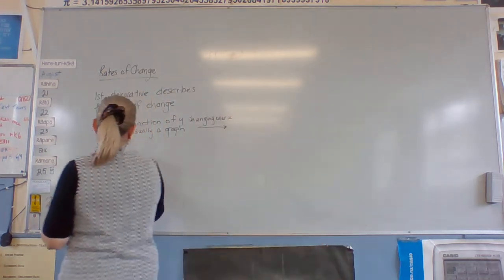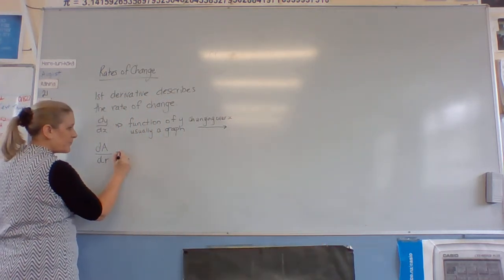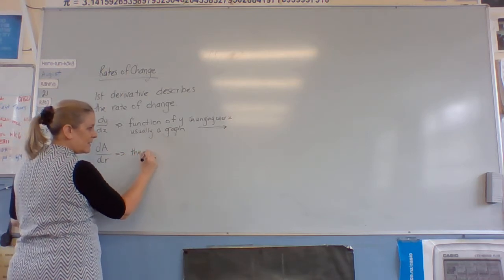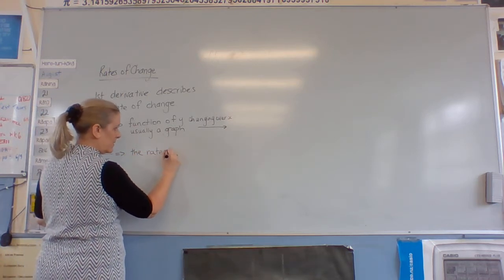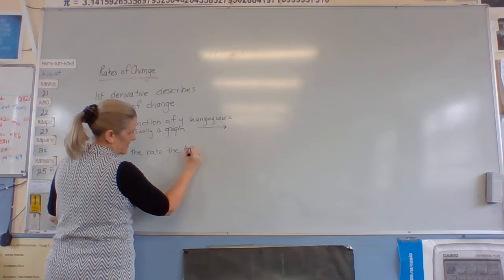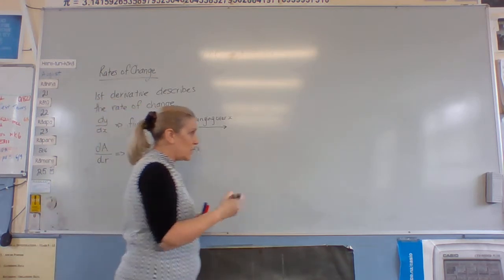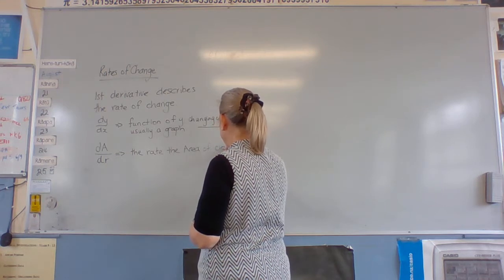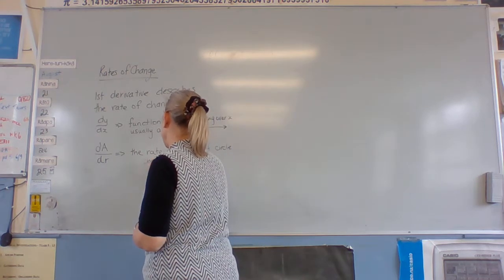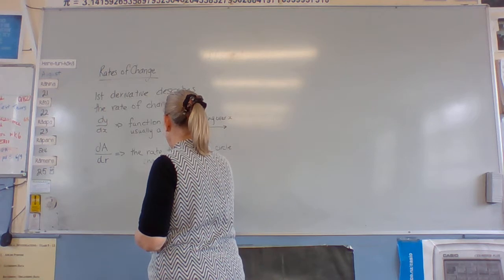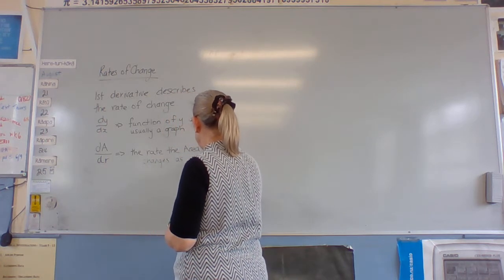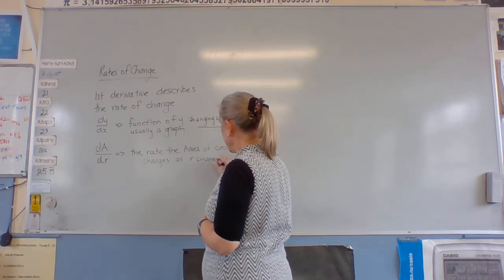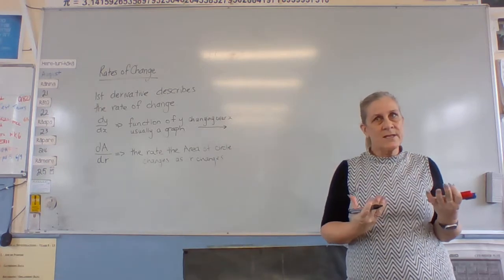So therefore, we would have it as the rate, the area. In this particular circumstance, it's a circle because there's an R in it. Right? So something like that.